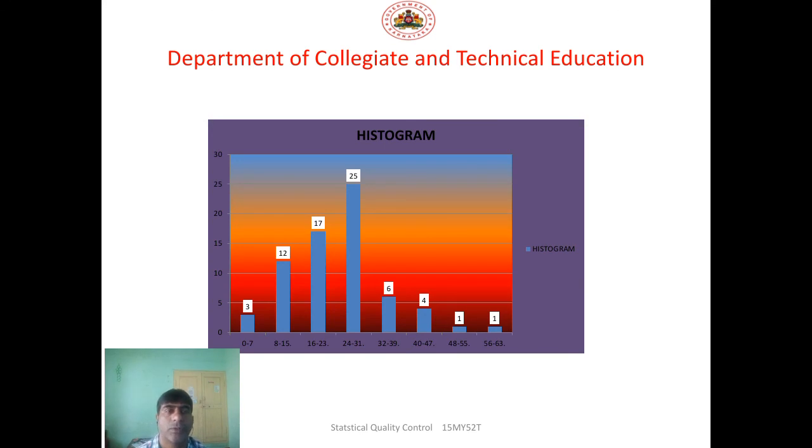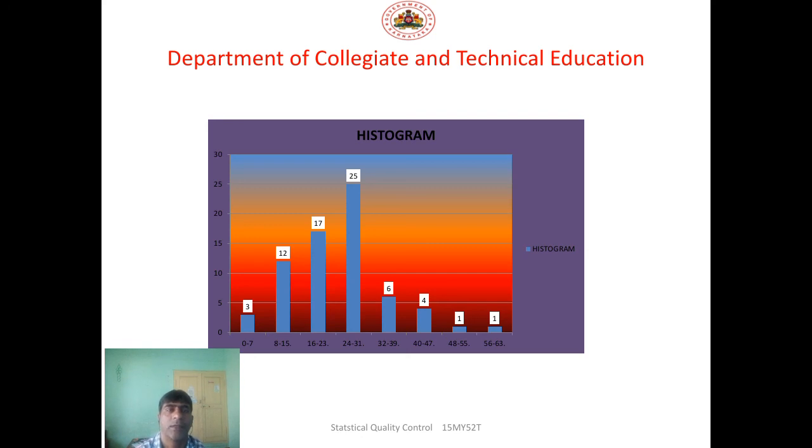For the histogram, you can clearly see on the screen I have drawn the rectangular blocks. The width of each rectangular block is equal to the class width and the height is equal to the class frequency. So neatly you have to show all the details.